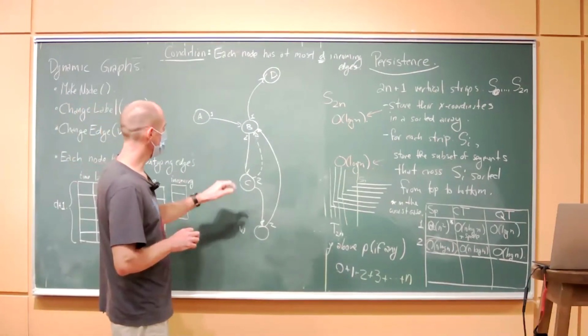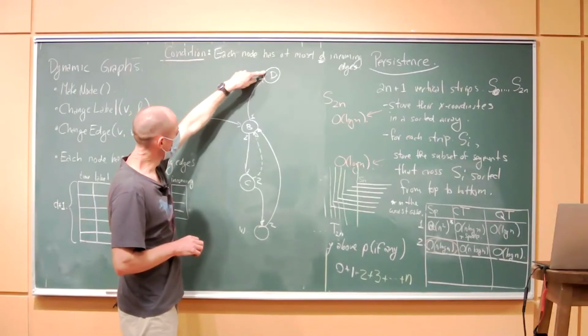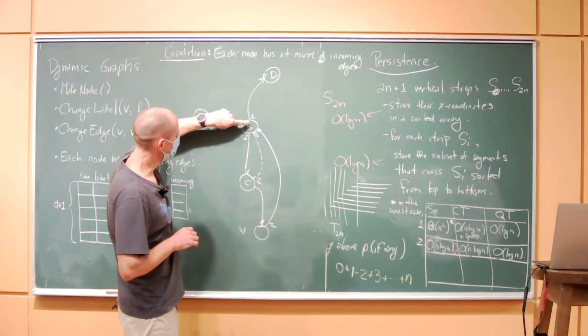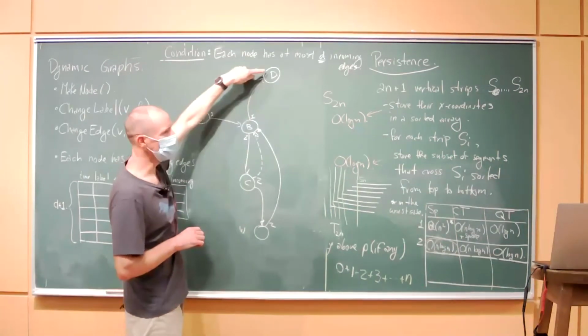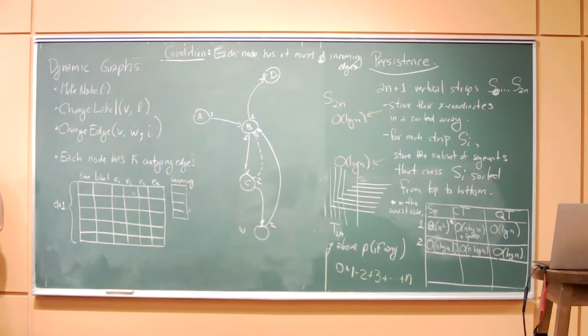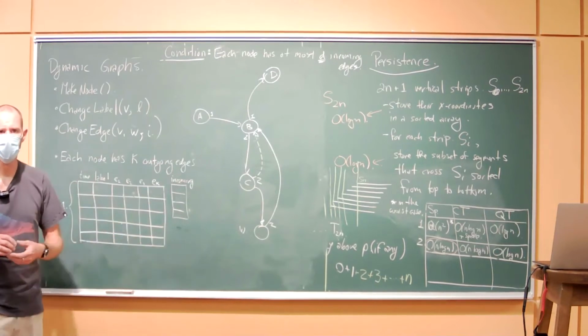So for instance, D over here in its list of other nodes would be B, just to remind it, because this will be important at some point, that there's an edge coming into me from B. It's not part of the graph, but for making this data structure work, we're going to have to keep track of this.